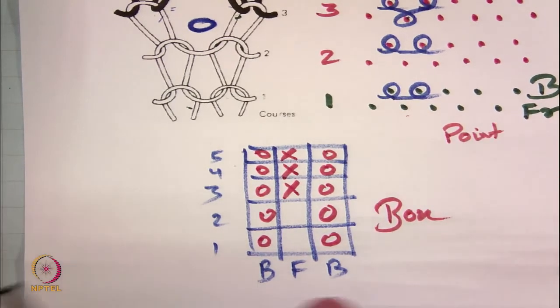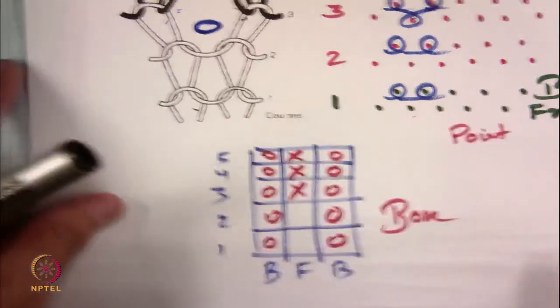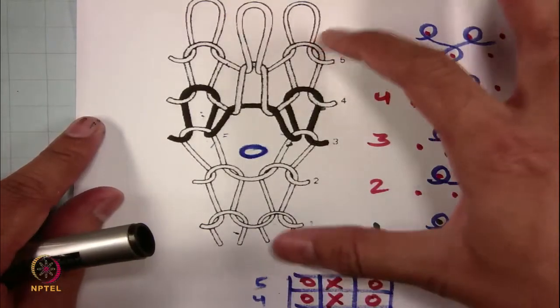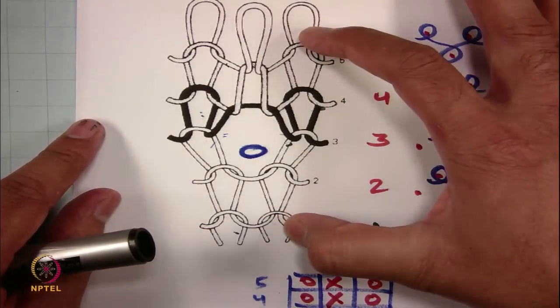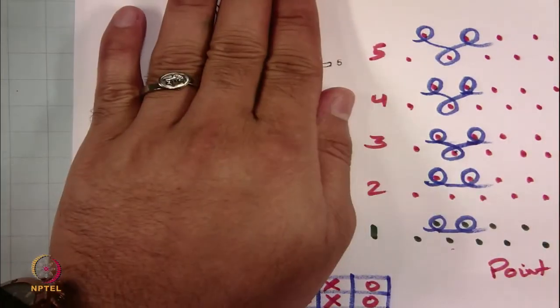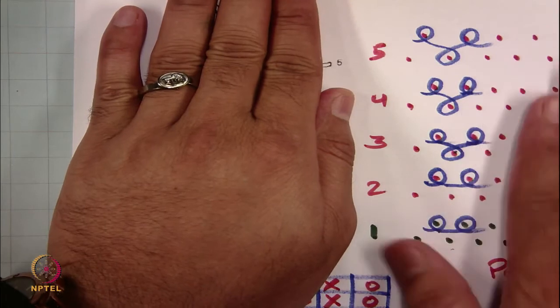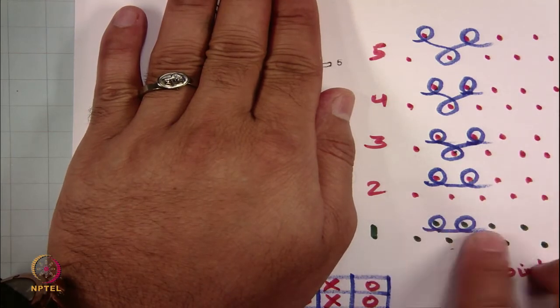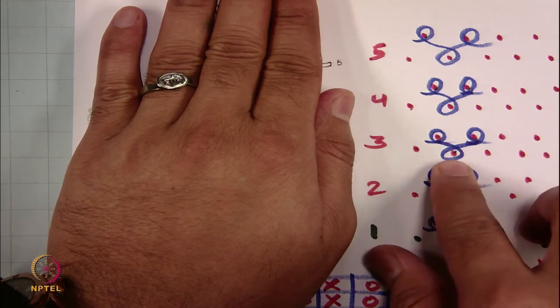Again you have to be extremely careful in understanding the yarn path, because that will decide the diagram. This diagram looks simple because you can understand these 2 needles are operating back, then this needle is making technical front.